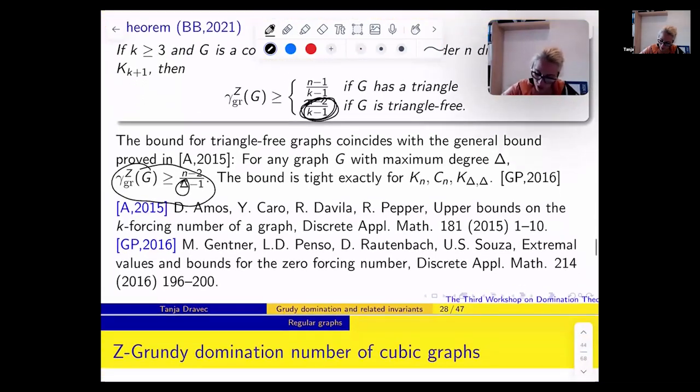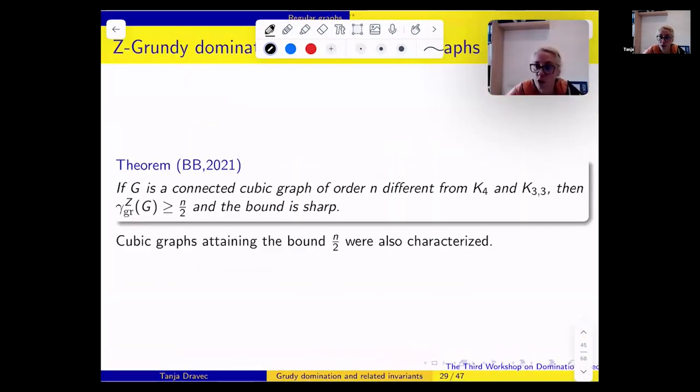And moreover, they improved this bound for cubic graphs. They proved that if G is a cubic graph different from K4 and K3,3, then the Z-Grundy domination number is at least 1/2 of the order, and the bound is sharp, and they also characterized extremal graphs for this bound. So this n/2 bound is better than the bound described in the previous slide.